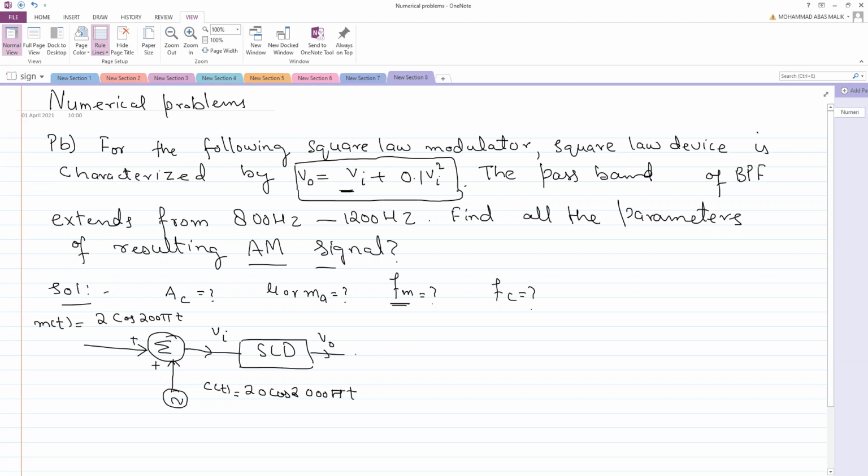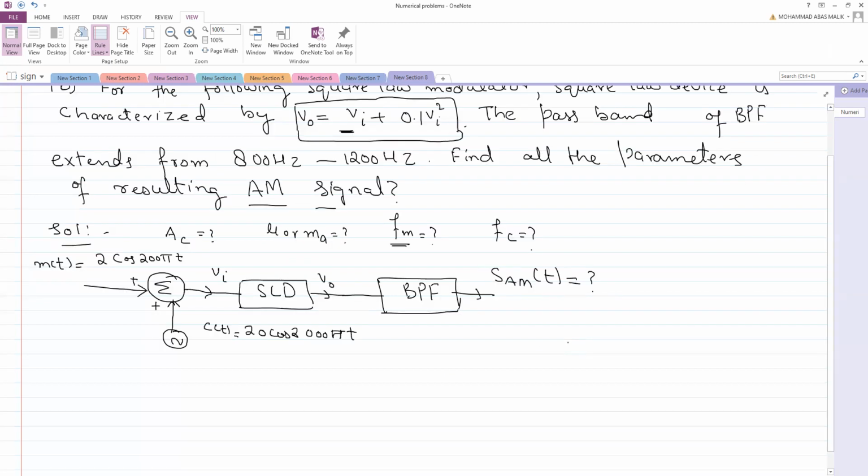This then goes to the band pass filter, and at its output you get the amplitude modulated signal, s of t, and you have to find this. Once you know it, you can find its parameters.